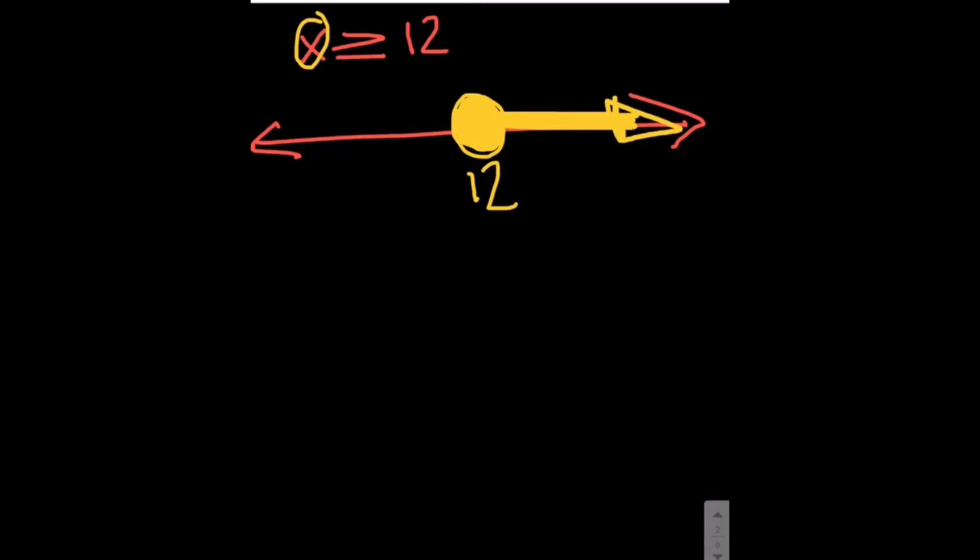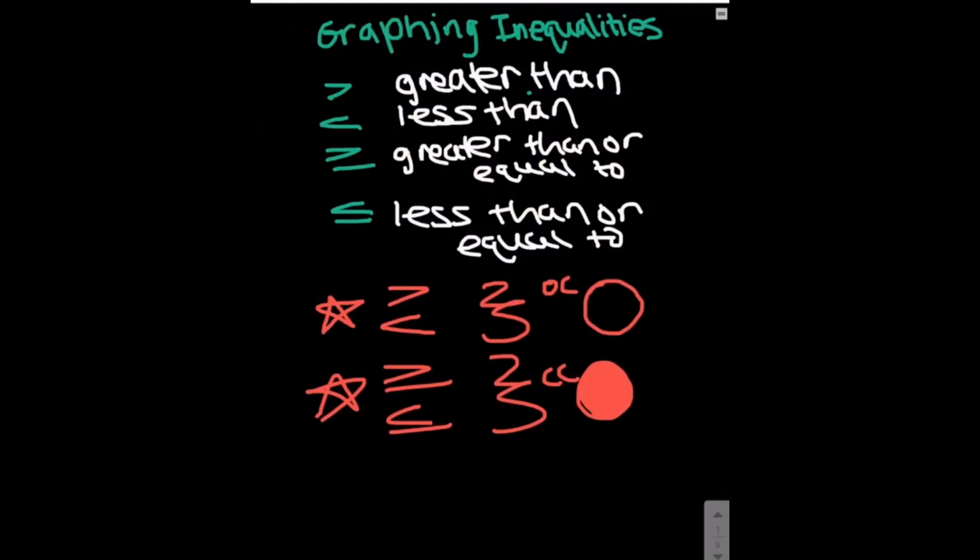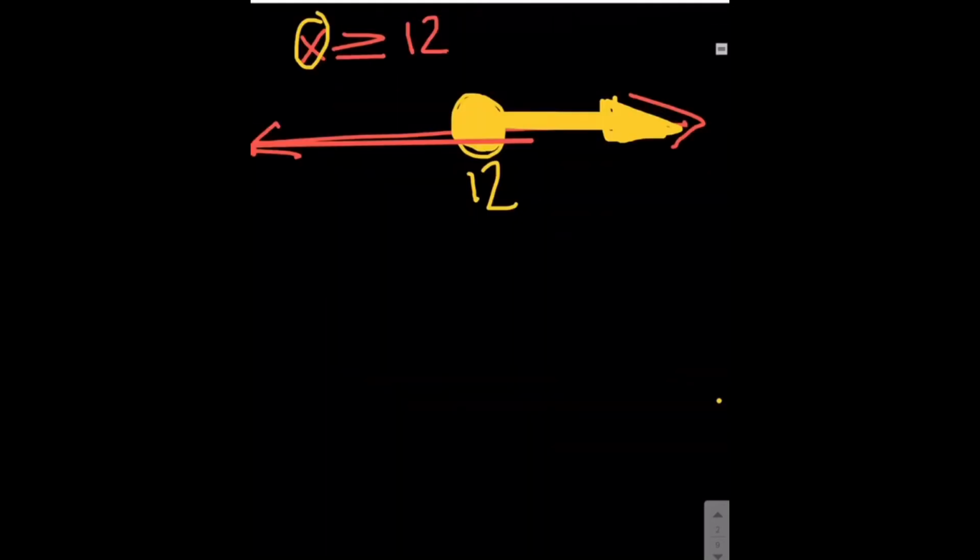And you're going to make an arrow. You don't always have to draw all the way to the arrow, you could just do an arrow. Now, this means that all the numbers over here are possible solutions. 13 could be a solution, 14 could be a solution, and including 12.